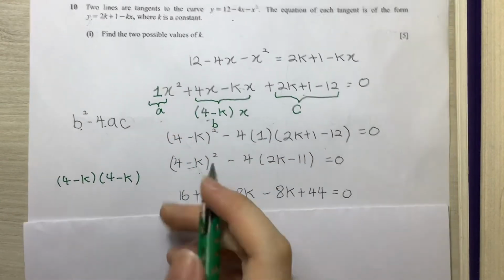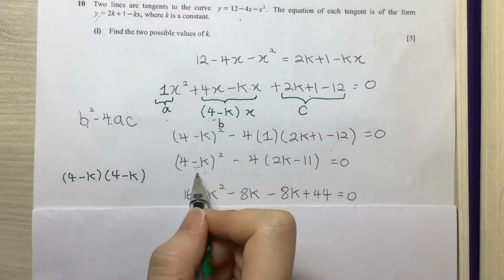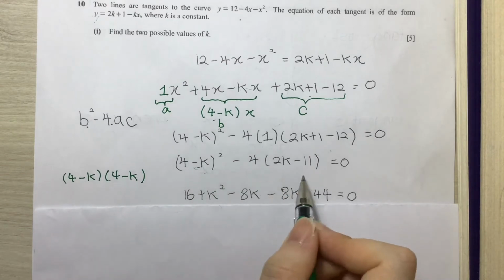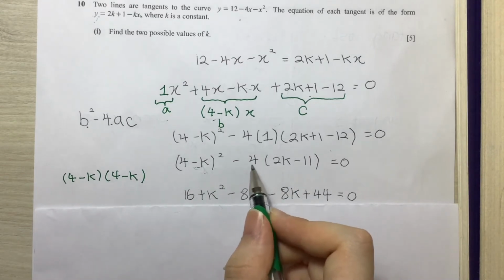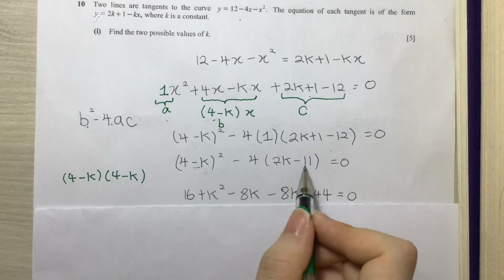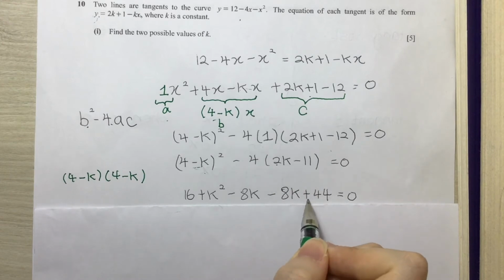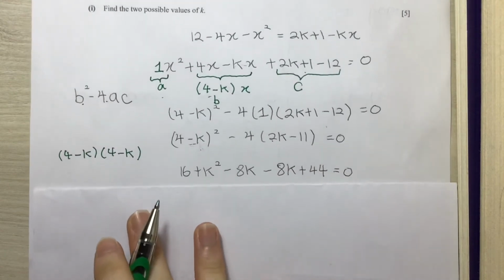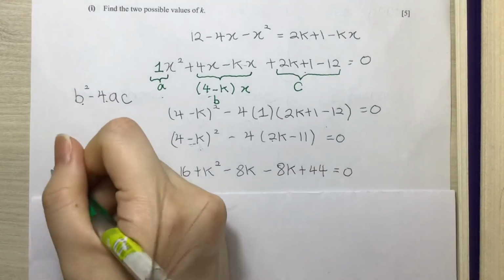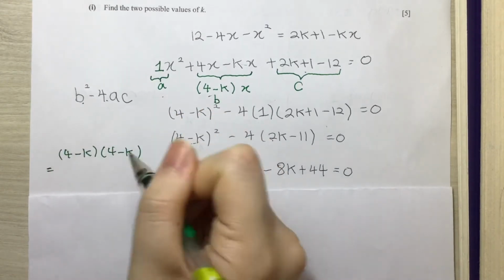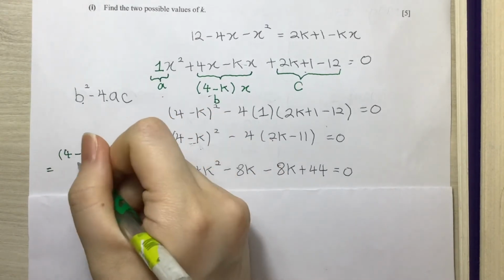I'm just extracting the parts that are over here, because this part is pretty straightforward. Just multiply the negative 4 into 2k and into the negative 11. And for the bracket part, this is the only part I skipped, so I may as well write it down here.